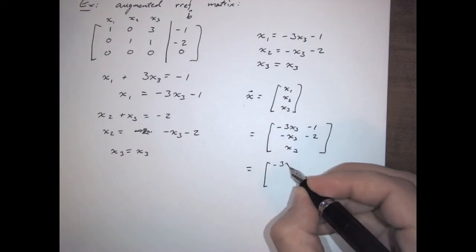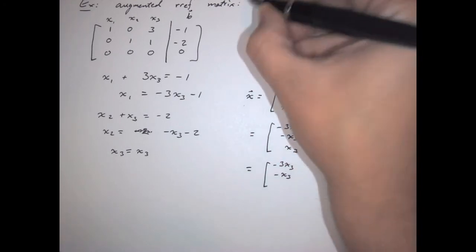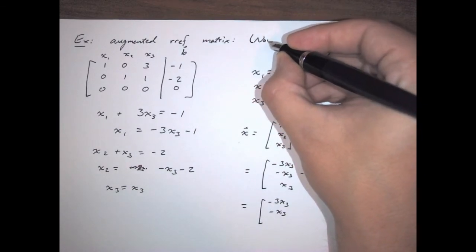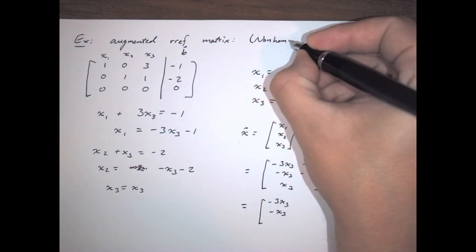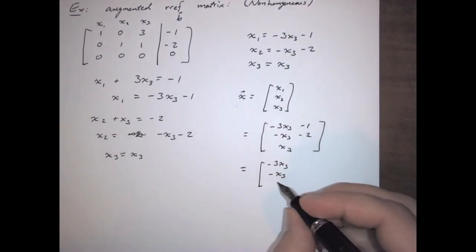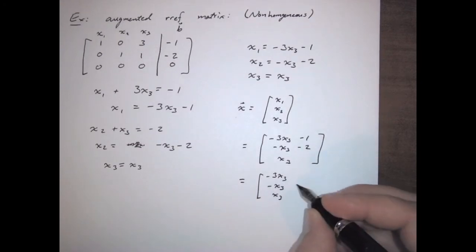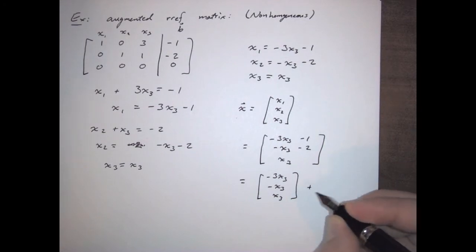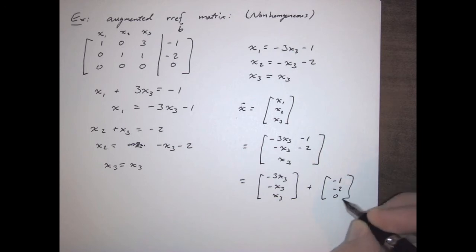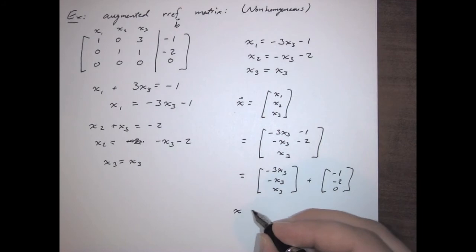It's going to be negative 3x3, negative x3, and then x3, and then plus negative 1, negative 2, and then 0 for there. We need to have something in that, and it is 0. I should say up here, we should say for this example, this is an example of a non-homogeneous system.